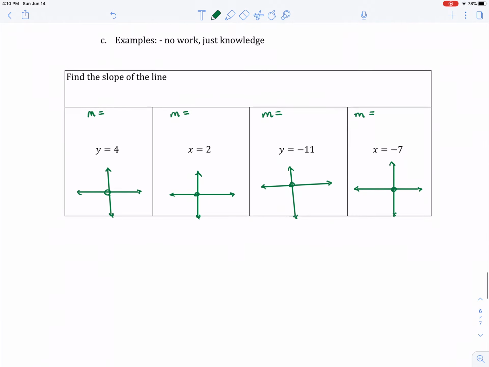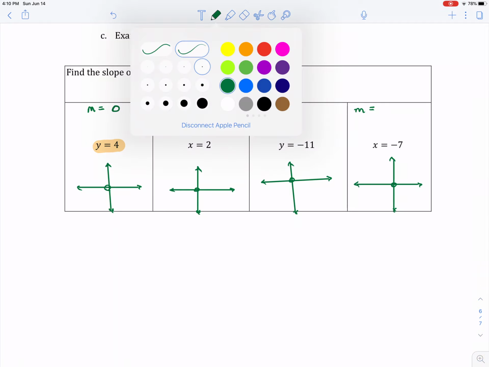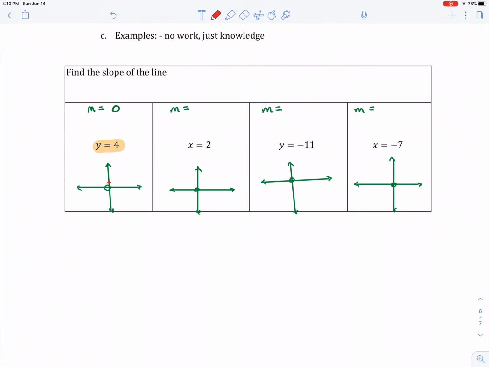So here's what you want to be able to do with that. You want to have that so firmly established in your head that you can look at this without working anything, and when you see that y is equal to 4 and y is the only variable in here, you know that the slope is going to be 0. 1, 2, 3, 4, and you know that the line is going to be a horizontal line.